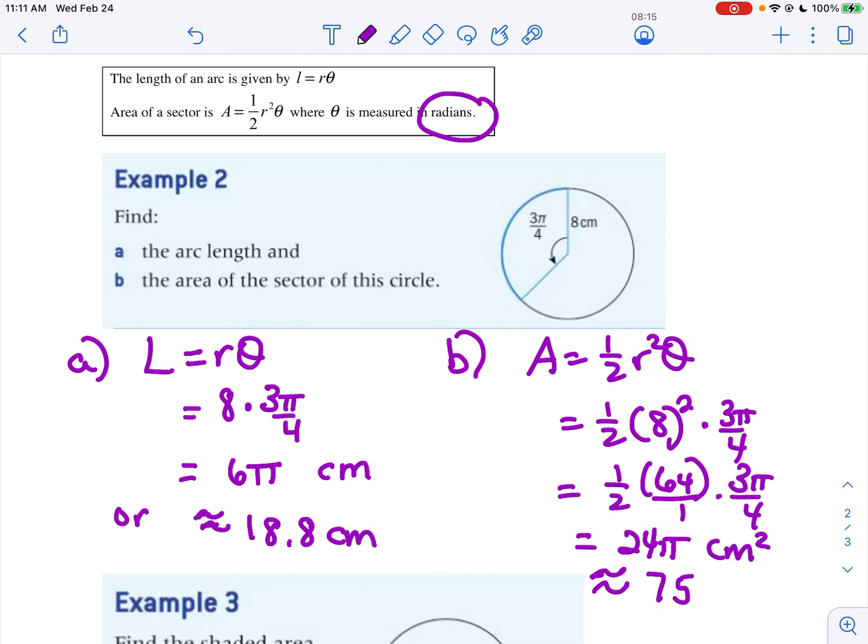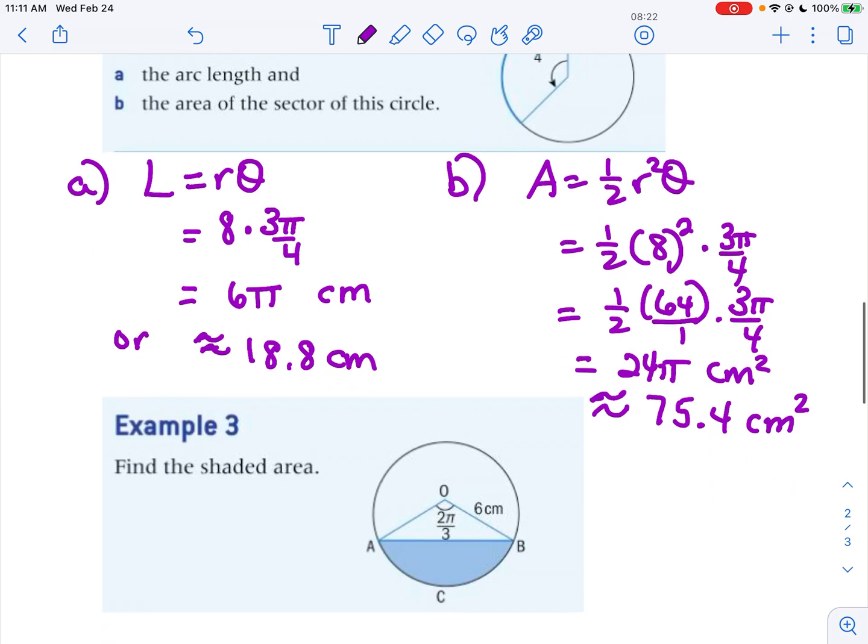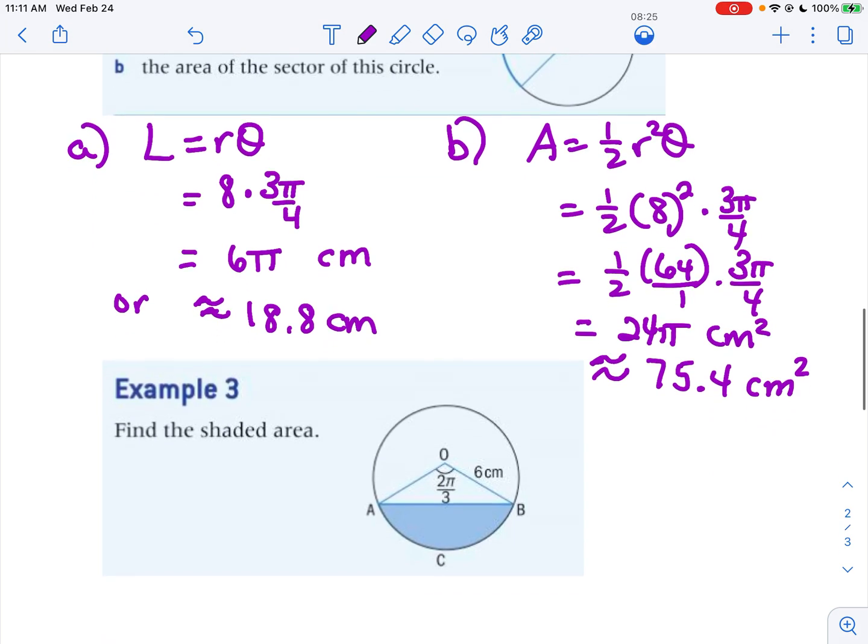This is centimeters squared, catching myself here. And that's 75.4 centimeters squared. All right, then let's look at example 3. This is where they get really fun, okay? This is very fun. It says find the shaded area. Well, what do you think we might do to figure that out?